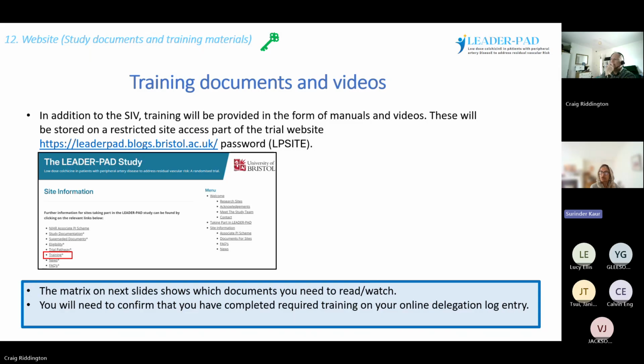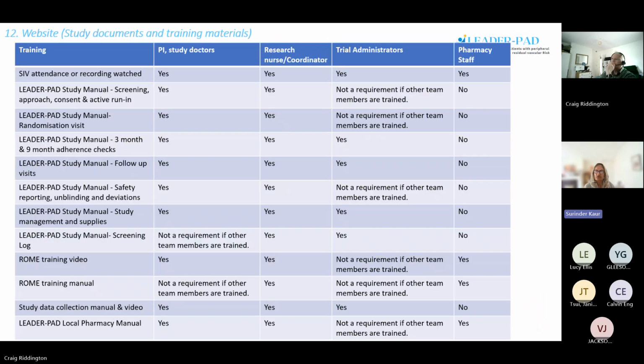You'll need the matrix. The matrix on the next slide shows which documents you need to read and watch. So this just goes through which training you'll need according to your role. You just check your study role and complete the training and provide the CVs and GCPs that are needed for that.